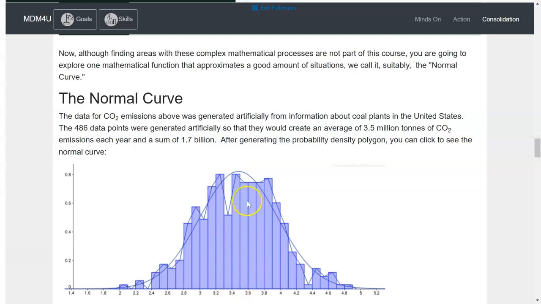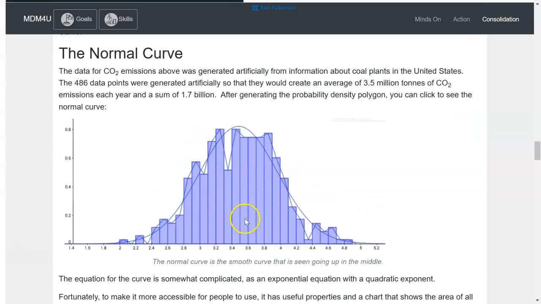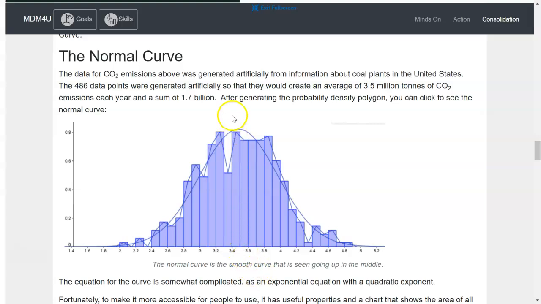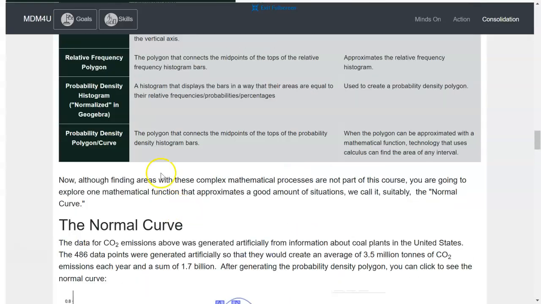And then as you go to one extent and the other, they get thinner and thinner. For example, if this was the height of an average male in Canada, the biggest bar might be 5'10", 5'11", give or take. Then you get people over 6'2", 6'5", and over here people over 6'9", a very small percentage. On the other side you'd have the shorter people, 5 feet, 4'10", that sort of thing. So that's what a normal curve is.